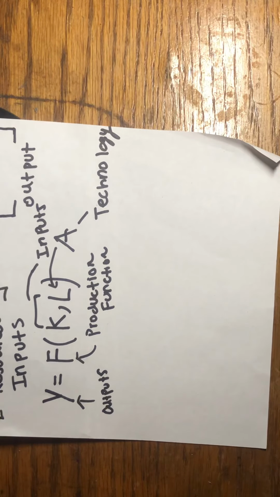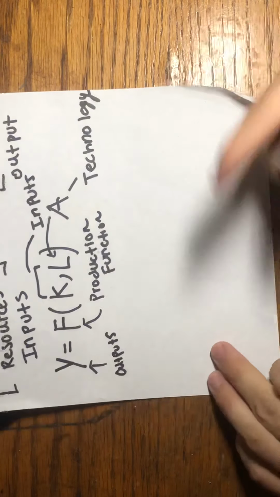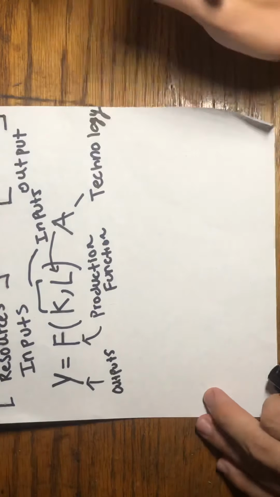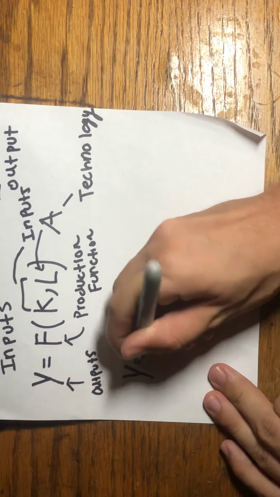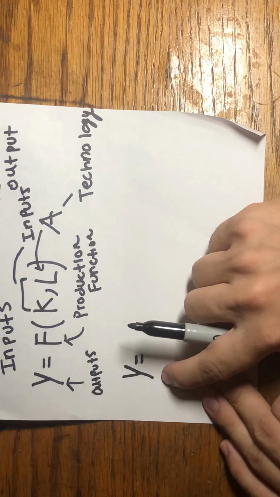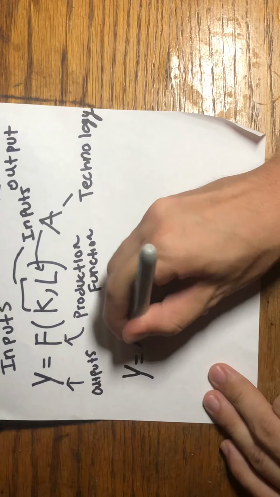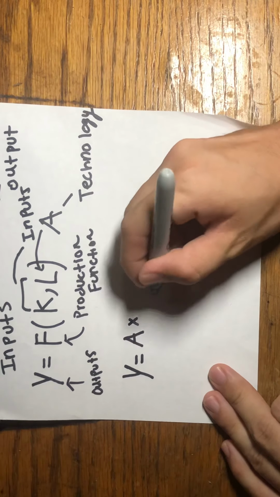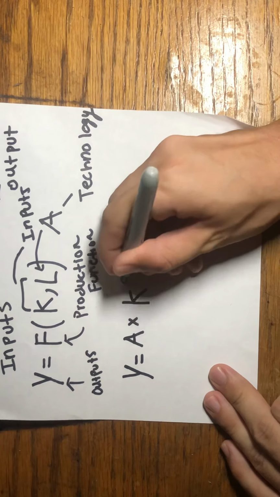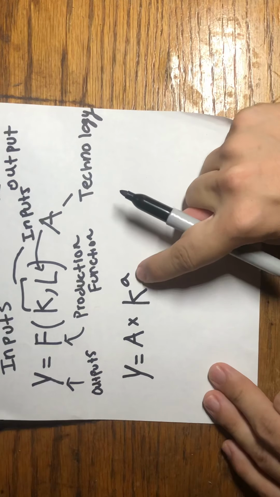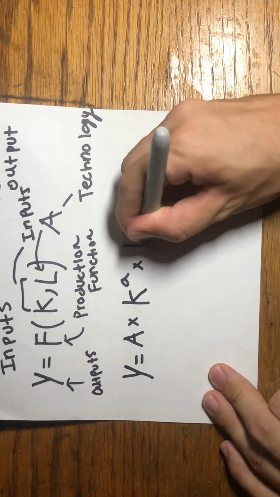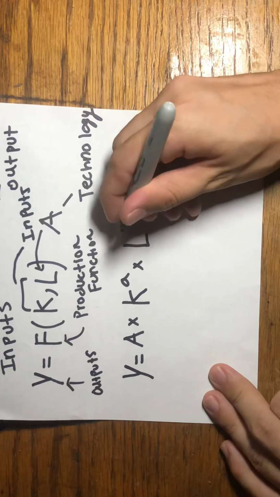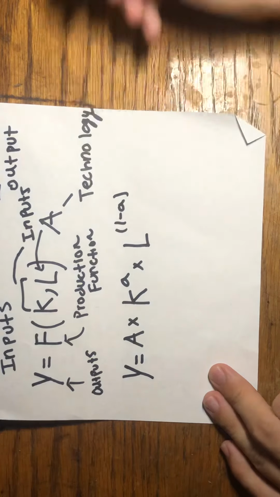So now where the Cobb-Douglas production function enters is here. It's very identical, except now we're going to break everything down. Our Cobb-Douglas production function is our output, which we're denoting as y, equal to our technology A, multiplied by capital K with this little a over here as an exponent, I'll explain what that is, multiplied by L, that's labor, raised to 1 minus a.